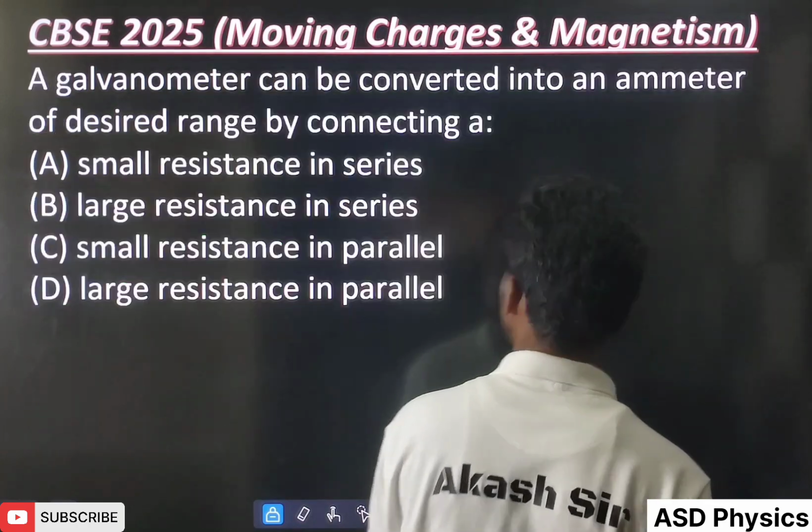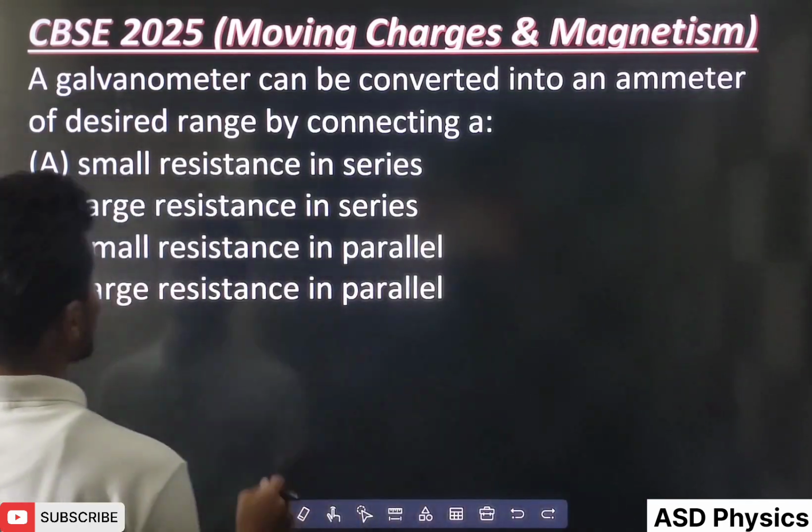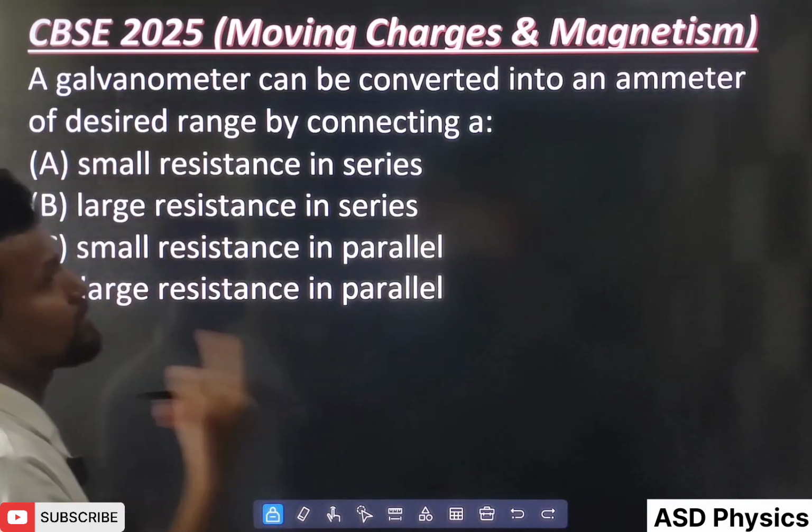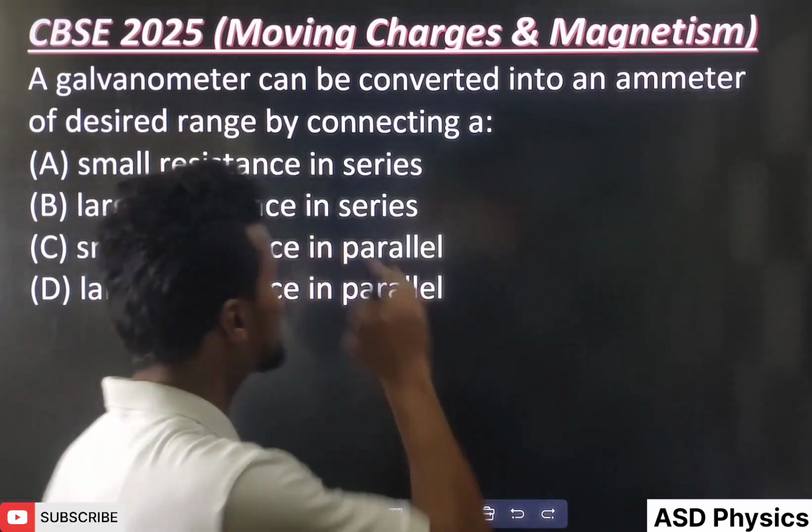Great. Next one, again a question from moving charges and magnetism, actually the conversion from galvanometer to voltmeter. Let's see the question.